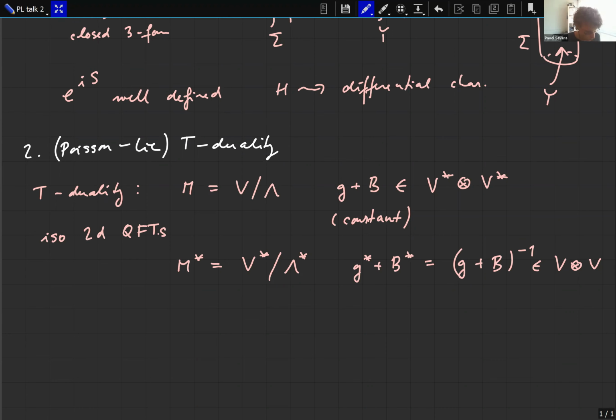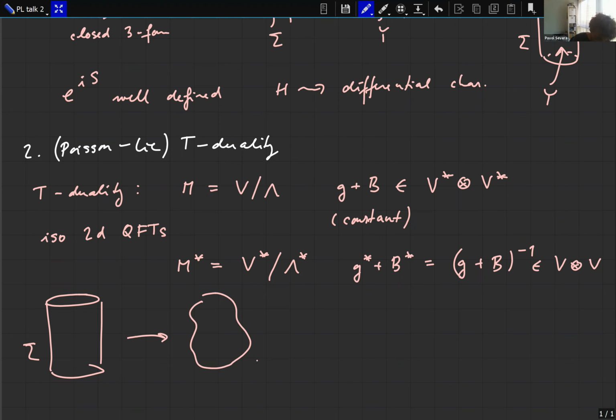Now, how does it go, or what enters into this game? This is slightly orthogonal to everything else I'm going to say in this talk, but still, let me tell you at least something. So, if you imagine that this is our sigma, and we map it into whatever is M, oh, it's a torus.